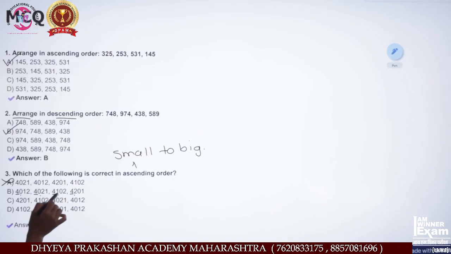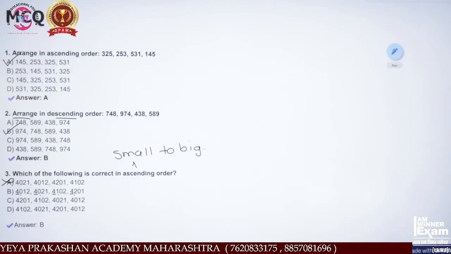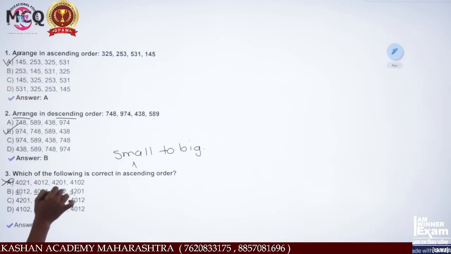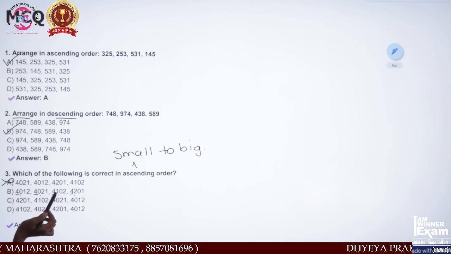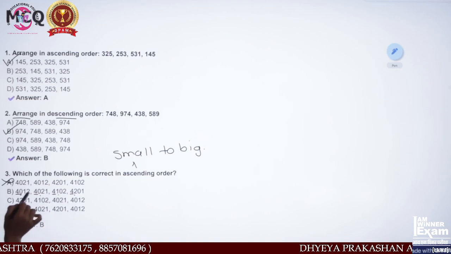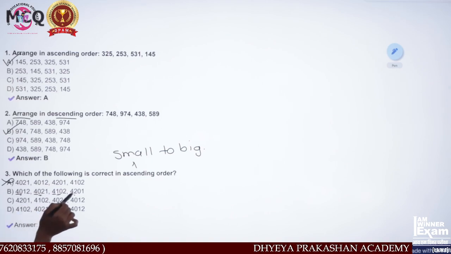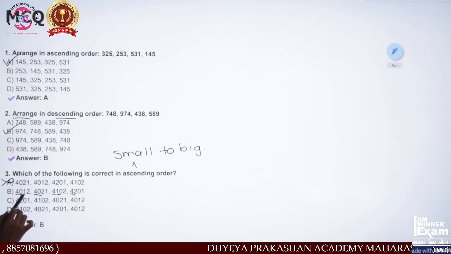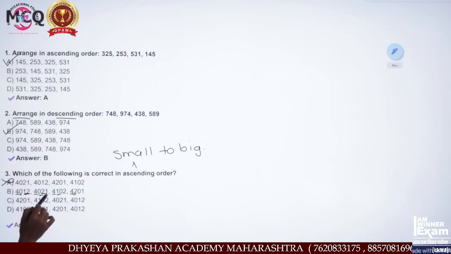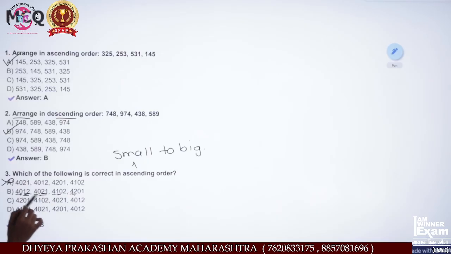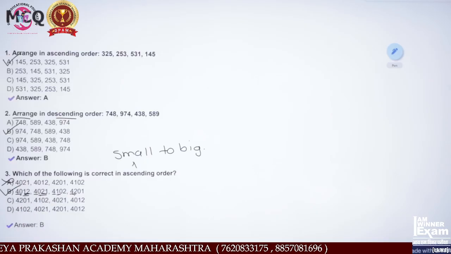After that, 1, 2 is also correct, because after 1 there should be a 2, or the 0 should be before 1. That means this is correct. Let's move on to these two. 12 is smaller than 21. That means option B is the correct option, because it is in the correct order.